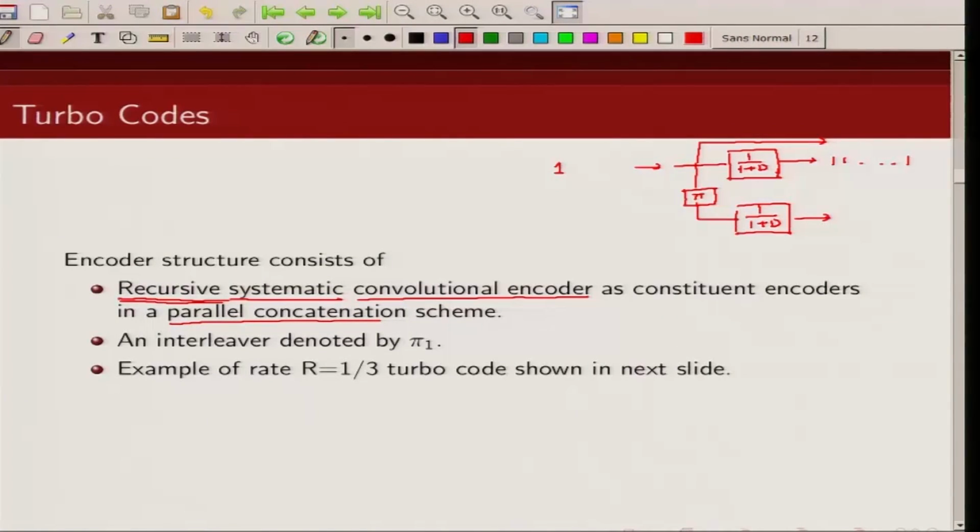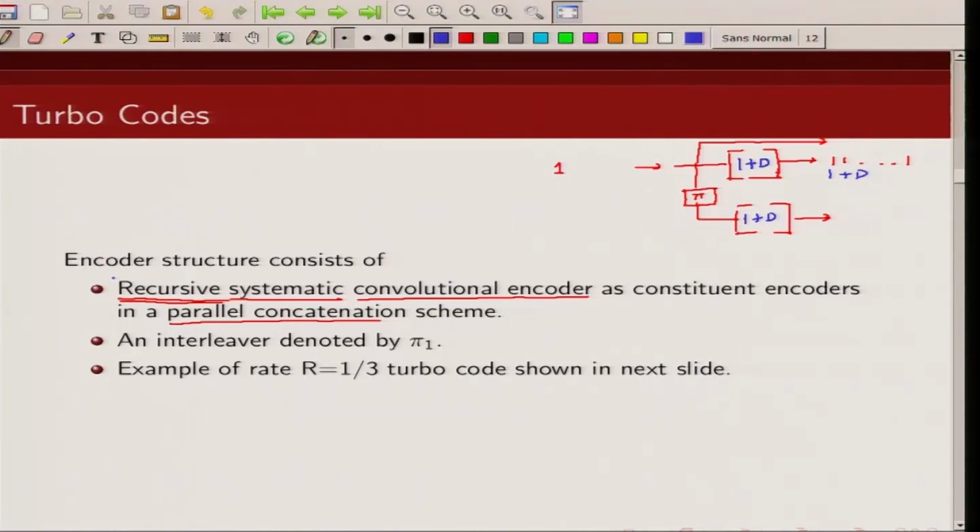Whereas, if instead of a recursive encoder we had used a non-recursive, feedforward encoder 1 plus D, then what would have happened? This would have been just 1 plus D, and of course, this would have been also 1 plus D, some shifted version of that. So, you can see that we can get better distance by using a feedback convolutional encoder.